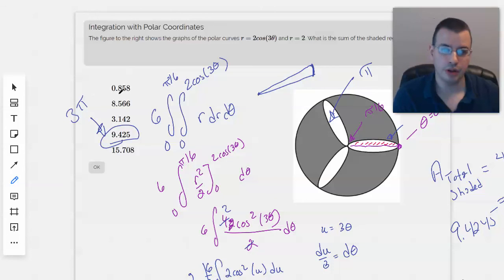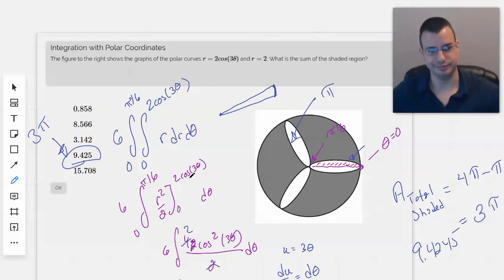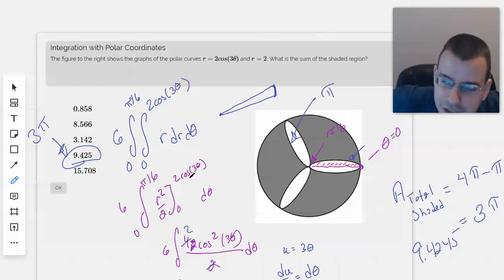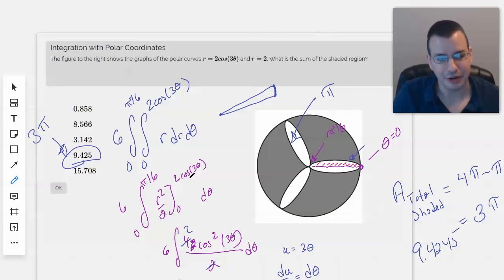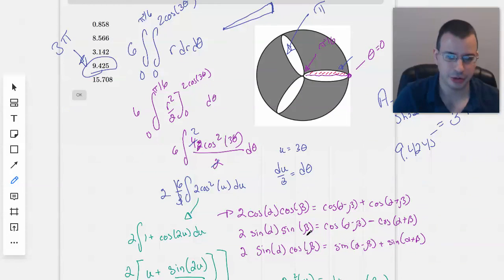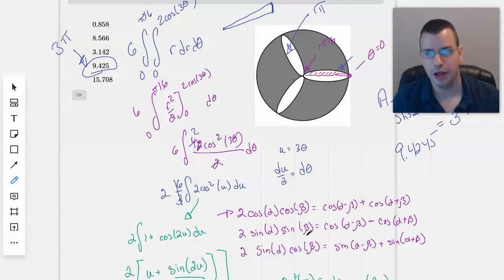So the way to solve this one, there's not a real good, easy way to do it. You can probably memorize some sort of rules of thumb for finding the area of petals, maybe. I wouldn't bother. This is a hard enough and unique enough question that it's good to know how to solve it using polar coordinates and just working your way through, doing the double angle formulas and such.